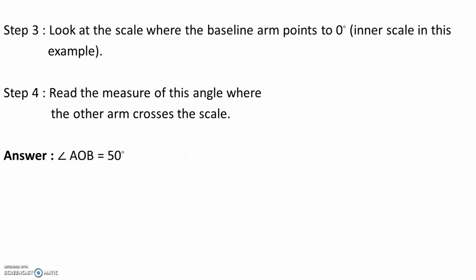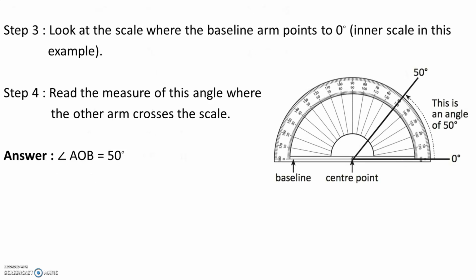Step 3, look at the scale where the baseline arm points to 0 degrees. Okay, this is the 0 degree on the inner scale. See, the baseline arm is on 0 degrees. Read the measure of the angle where the other arm crosses the scale.